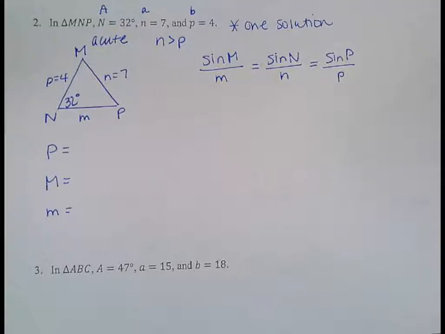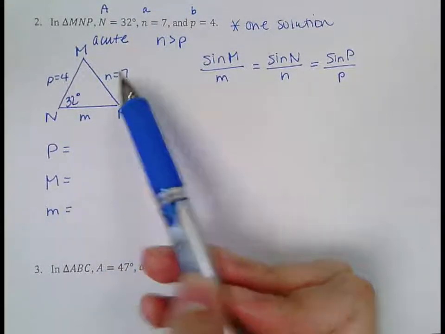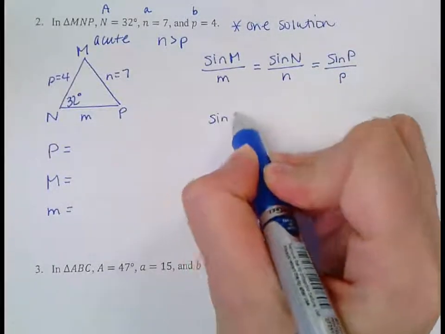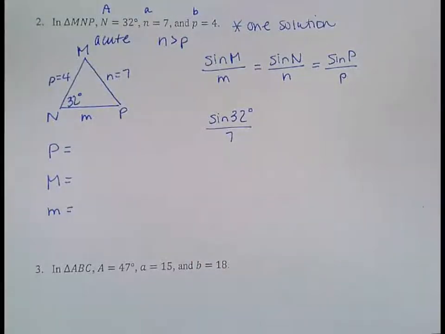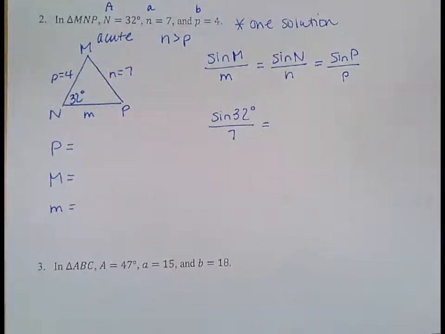And look for the full ratio that you have. What angle do you also have the opposite side for? We know angle N and side N, so that ratio we already know. So I know that sine of 32 degrees over 7 will be one ratio. And then based on what else we are given, what are we going to have to find first?